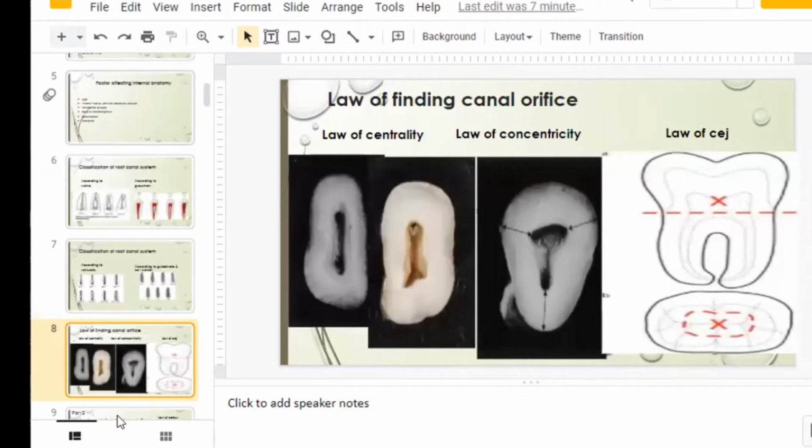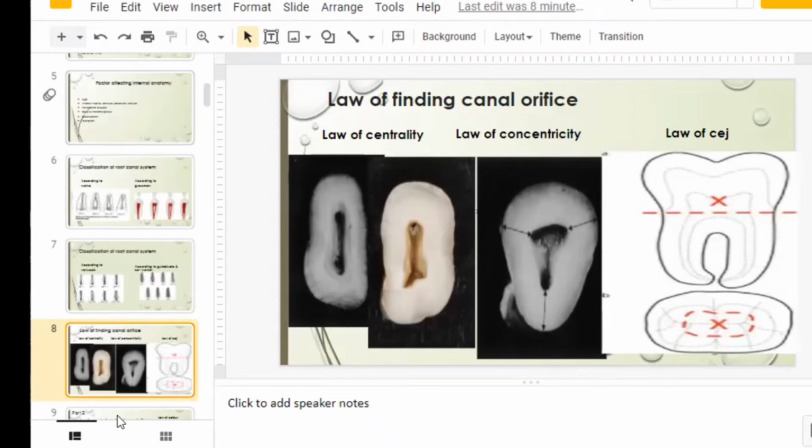Now this is again an important topic: we have some laws. How do we identify these canals and chambers? We have dentinal anatomy. To enter into the den, there are some clues that we call laws. The main law is called the law of centrality or concentricity. What does it mean?